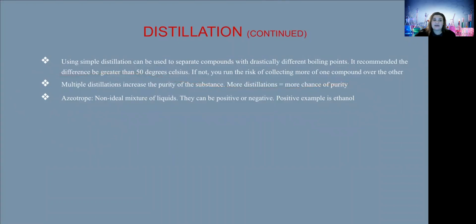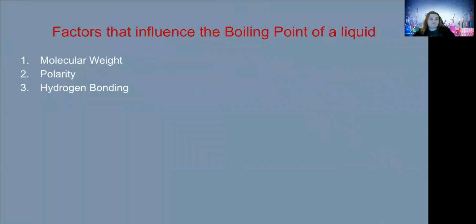They can be positive or negative, but a positive azeotrope is ethanol. And that's generally why in lab, you'll see that it's composed of 95% ethanol, because about 95% ethanol is as good as it gets when we do the distillation on it. All right, so with distillation, we also relied a lot on boiling point.